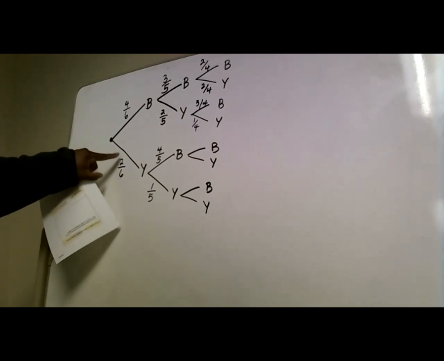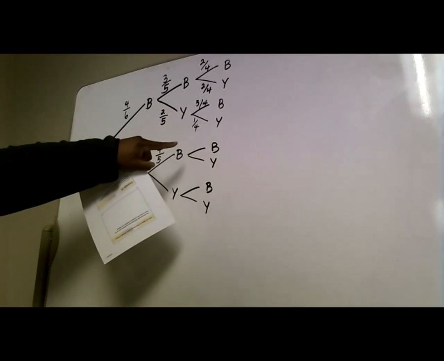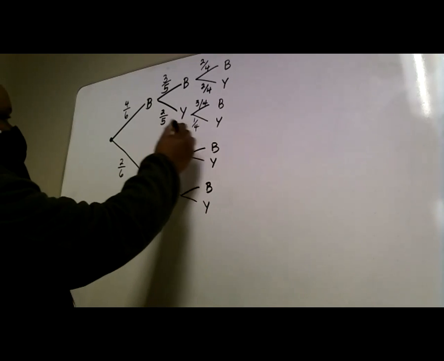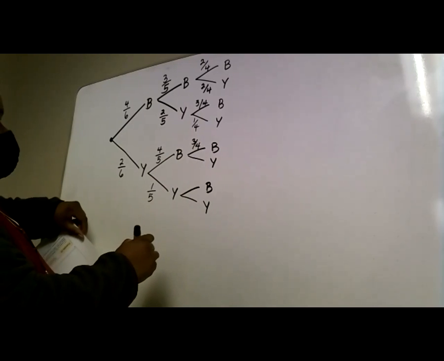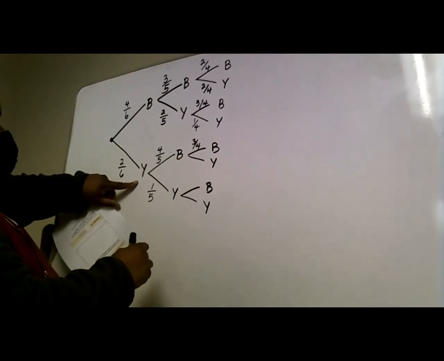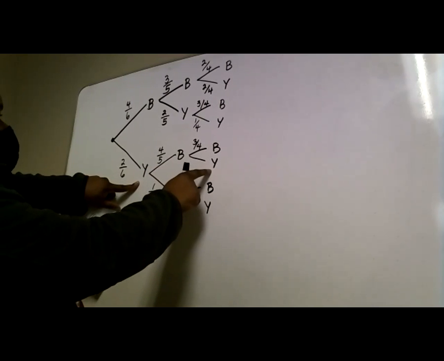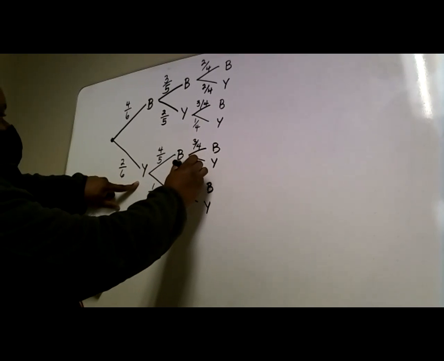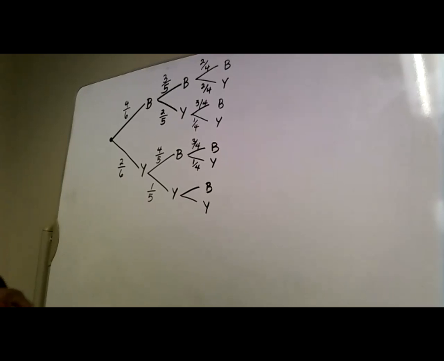And then the first was yellow, the second one was blue, and the third one was blue. This will be 3 out of 4. The first was yellow, this one was blue, I'm going to have 1 yellow marble to draw out of 4, because the first one was yellow.